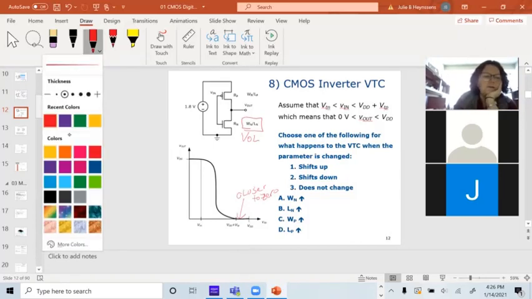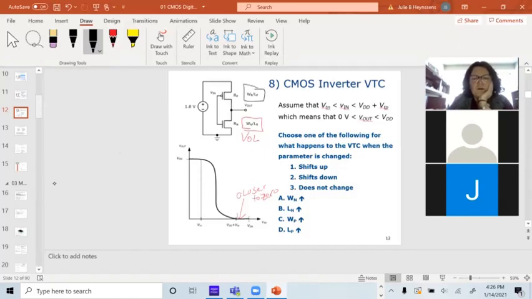Now, if I change the W over L ratio of the P transistor, that's just going to affect the on resistance of the P channel transistor, which is only going to affect VO high. And it's going to move this VO high closer to VDD. So each transistor has its own effect on the voltage transfer curve.